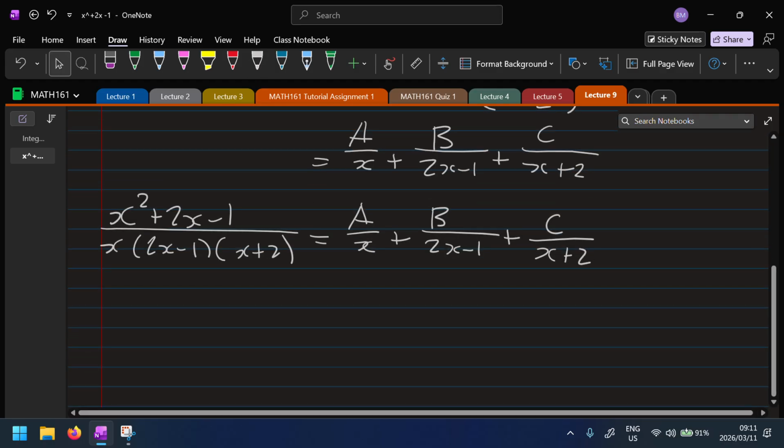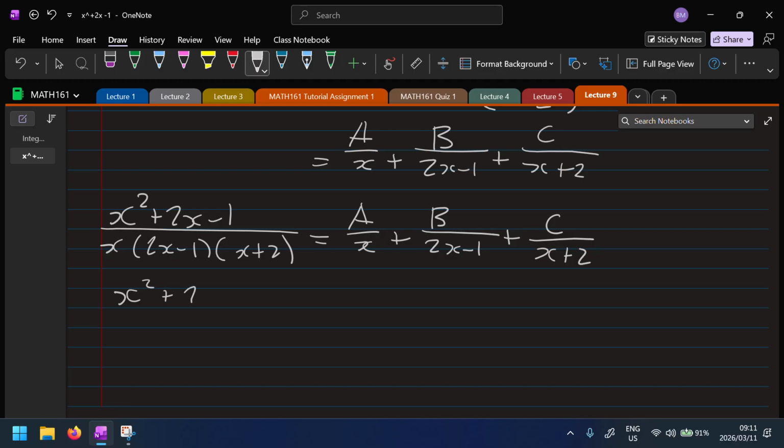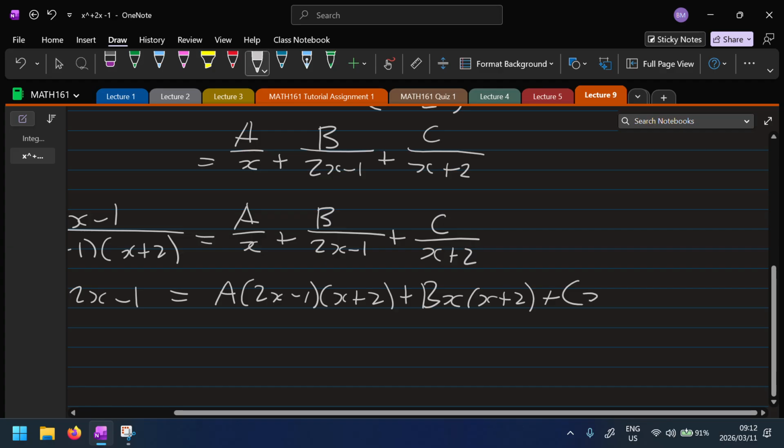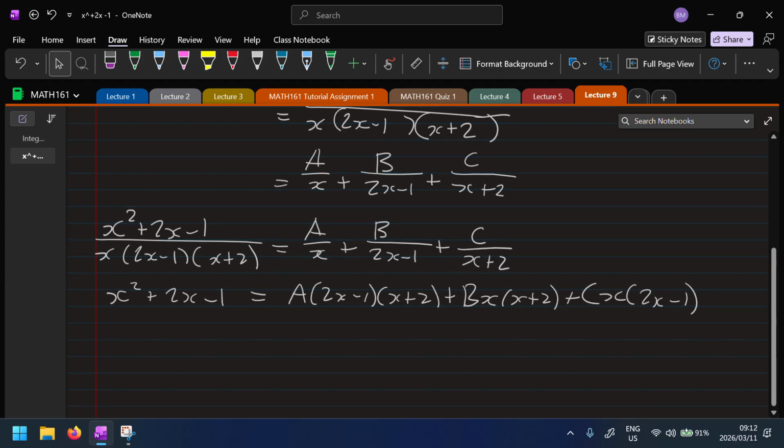Okay, so same as before, we do the cross multiplying to clear the denominator. So we're going to have x squared plus 2x minus 1 equals A times 2x minus 1, x plus 2, plus B times x plus 2, plus C times x, 2x minus 1. Right, that's just clearing the denominator.